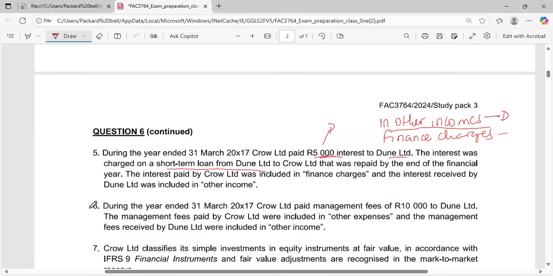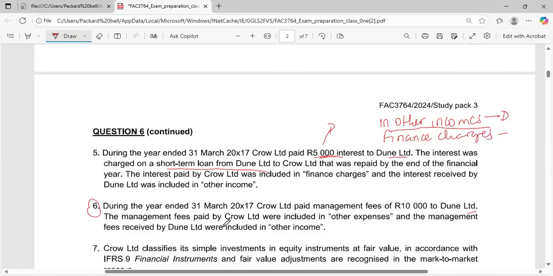Right, then number 6 says, during the year ended 31 March 2017, Crown Limited paid management fees of 10,000 to June Limited.